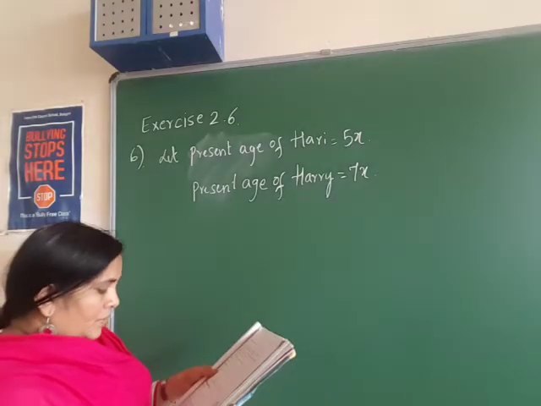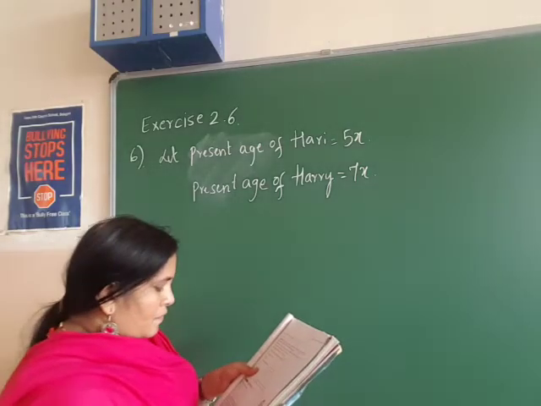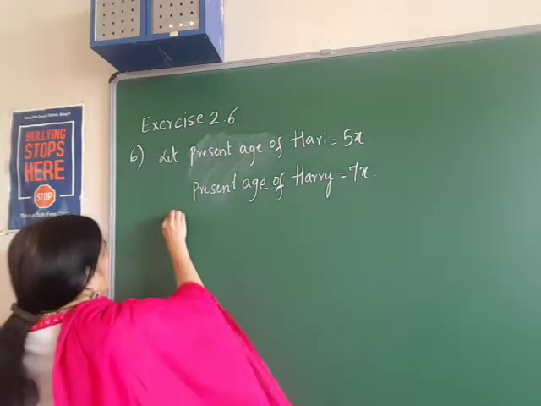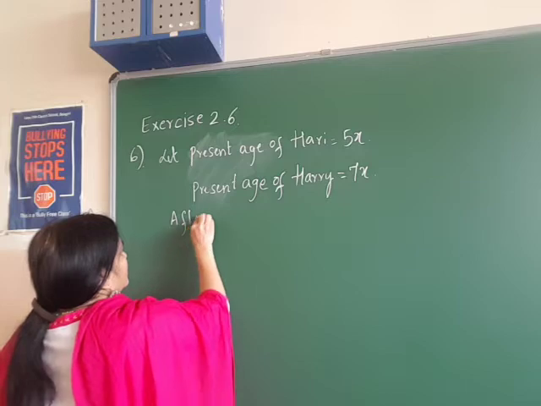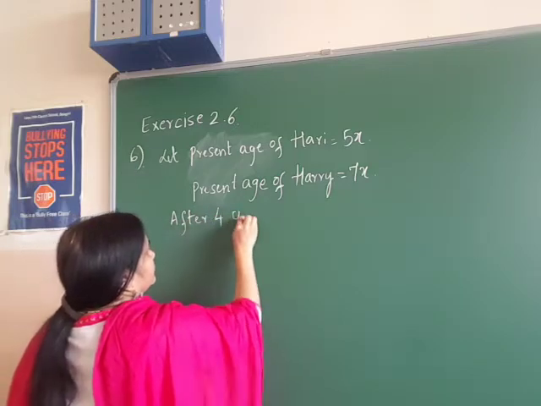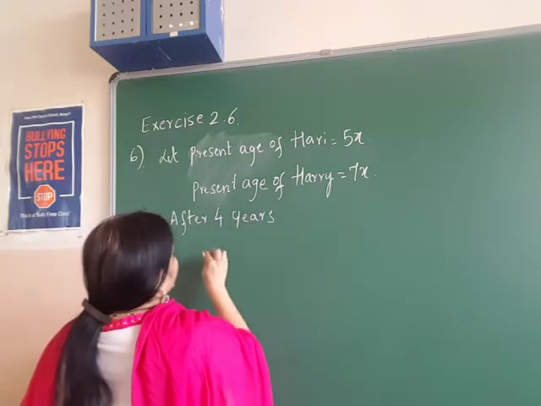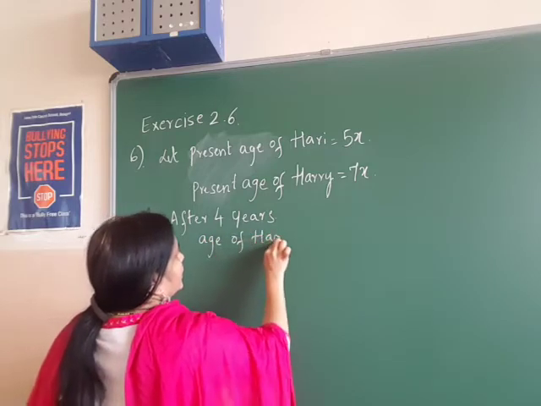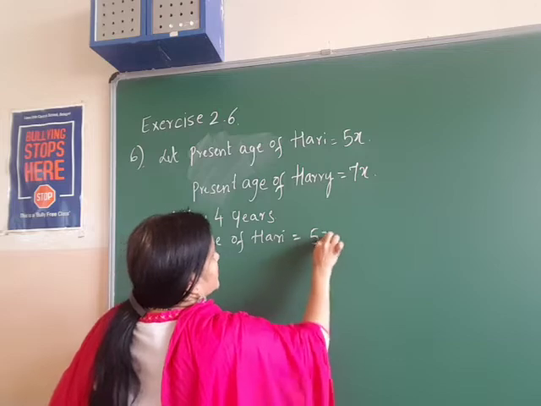Okay. After 4 years from now, the ratio will be. So after 4 years, age of Hari will be 5x plus 4.